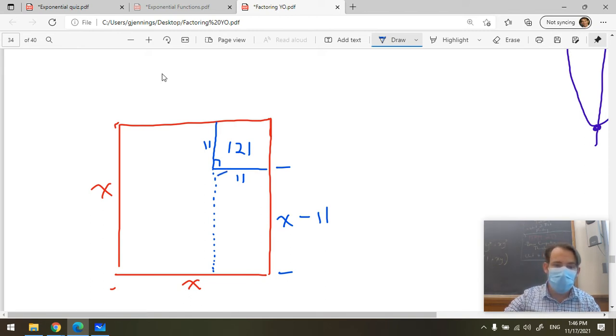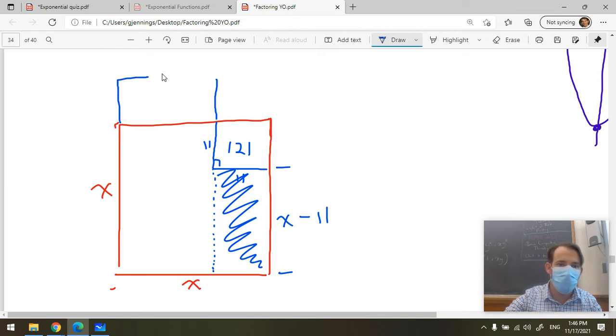Now I'm going to take this side length, cut it out, and attach it up here. This is also x minus 11 long because this was a square that I cut out. It will fit nicely right there, just perfectly. This is 11 long up here, and this is x minus 11 long, and this is x plus 11 on this side.